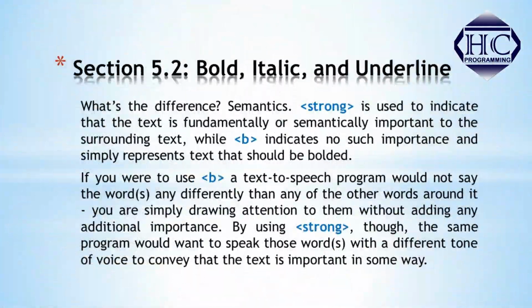What's the difference? Semantics. Strong is used to indicate that the text is fundamentally or semantically important to the surrounding text, while B indicates no such importance and simply represents text that should be bolded.